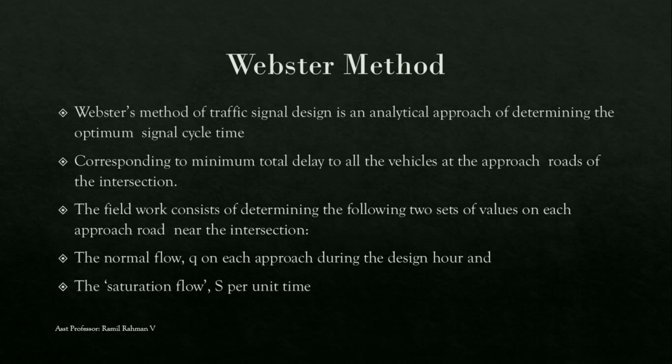The field work consists of determining the following two sets of values on each approach road near the intersection: the normal flow Q on each approach during the design hour, and the saturation flow S per unit time.